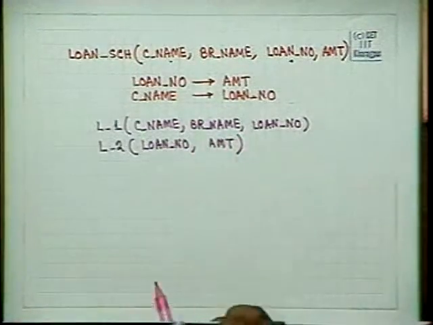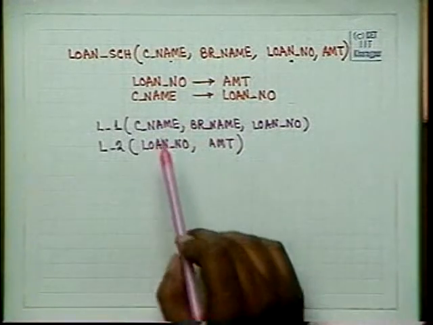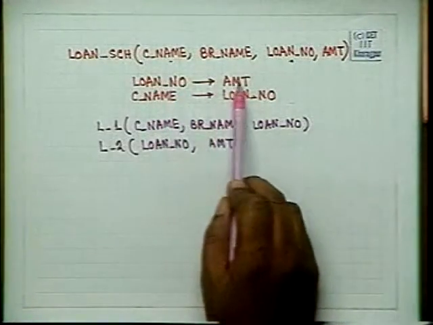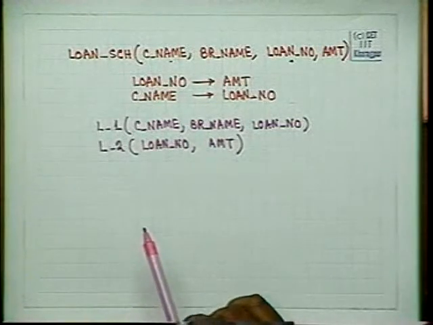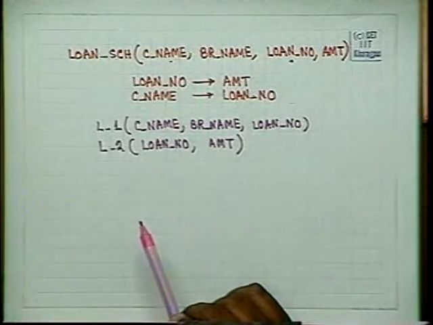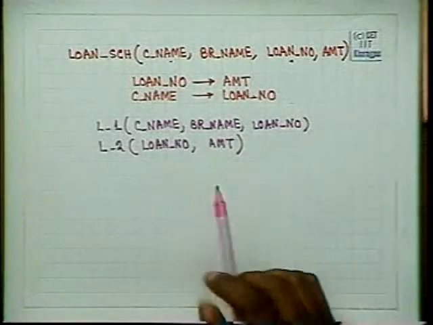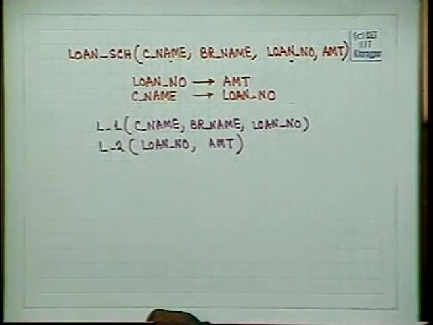If we broke it up into these two schemas, then we will check the first functional dependency on L2 and the second one on L1. Suppose we had another additional functional dependency.